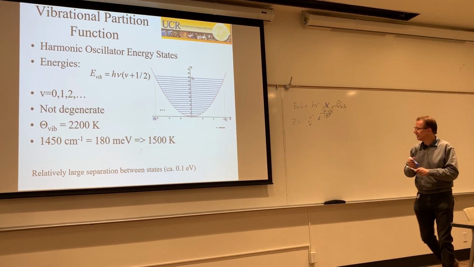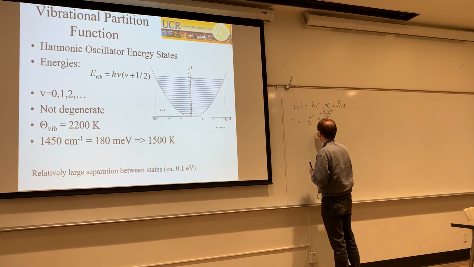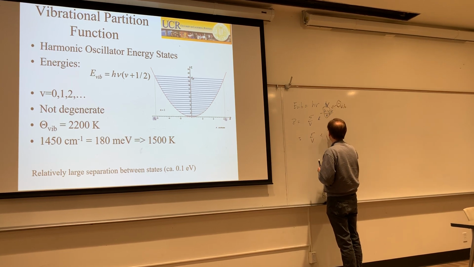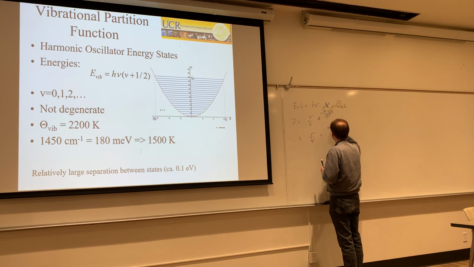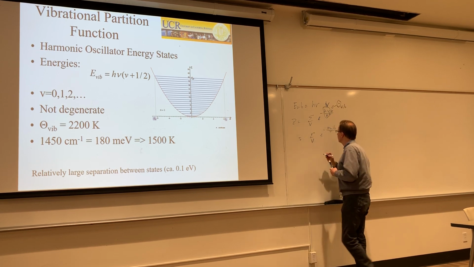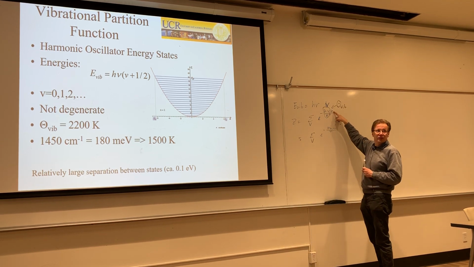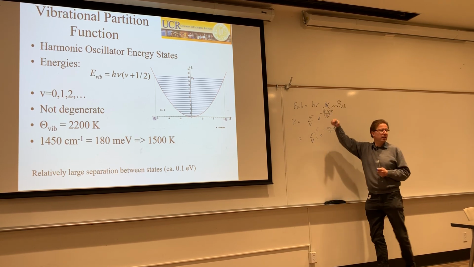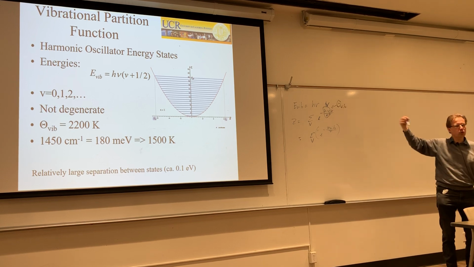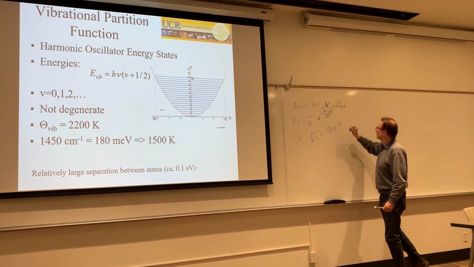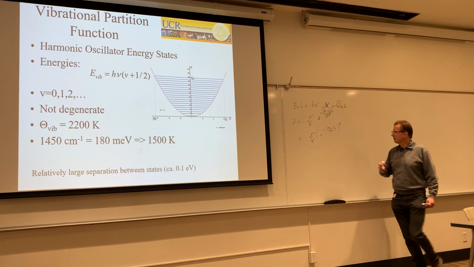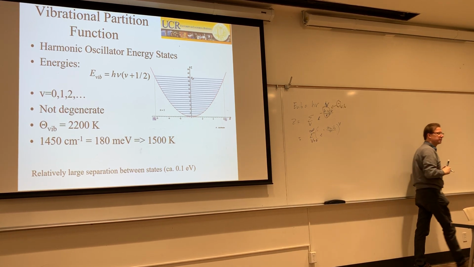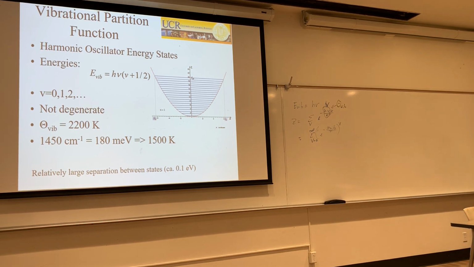So what I have over here is the sum over all the vibrational states v, e to the power of minus the characteristic temperature for the vibration over the real temperature, and then I have this v over here, and you all know if I have it multiplied by something in the exponent, I can also take the whole thing to that power, so I can take that out here, correct? And v runs from 0 to infinity.